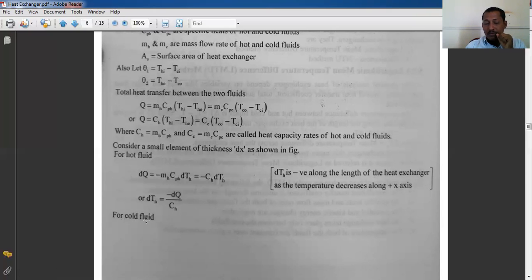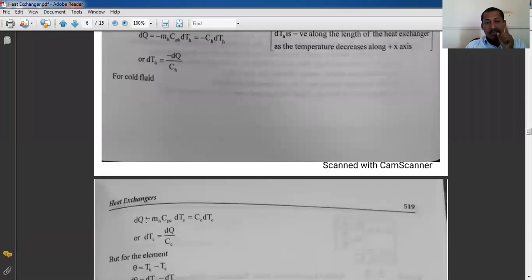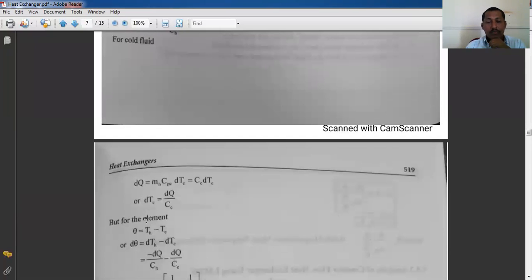For the cold fluid it is similar, but the negative sign is not there. Now for the cold fluid dq is equal to MC CPC into dTC, it should be MC, you have to make that change. That I can write as CC into dTC. So dTC is equal to dq divided by CC.